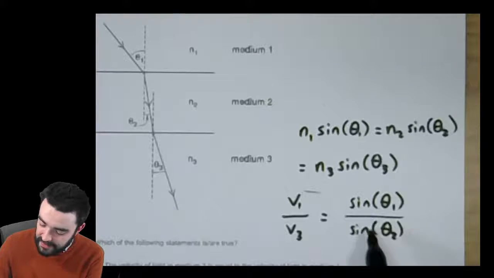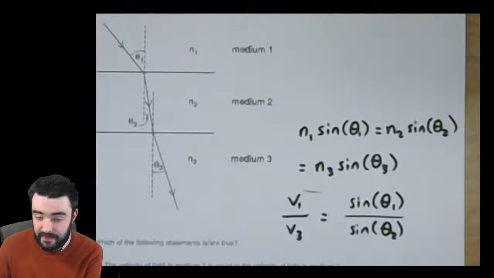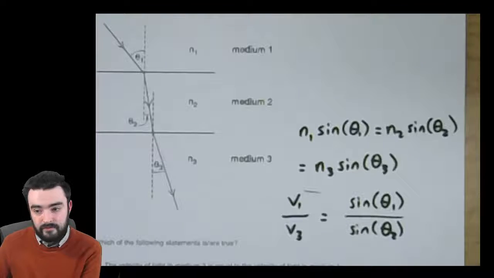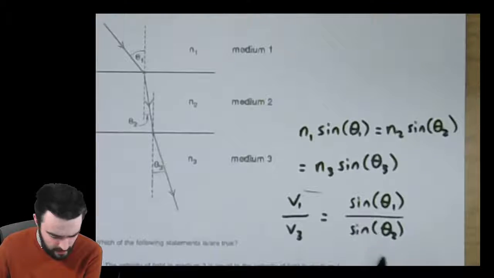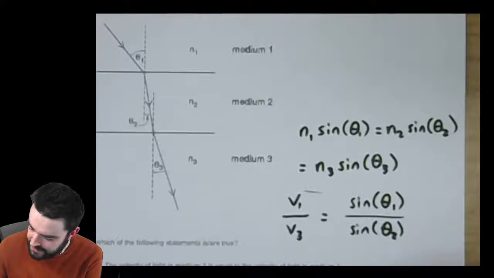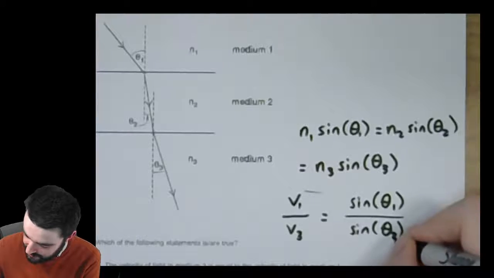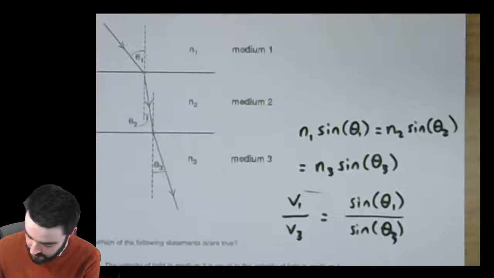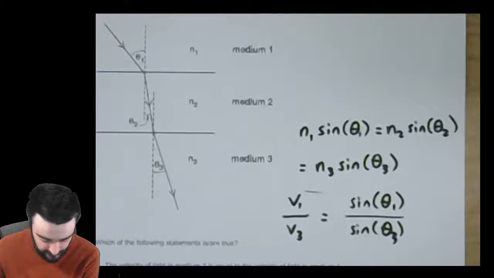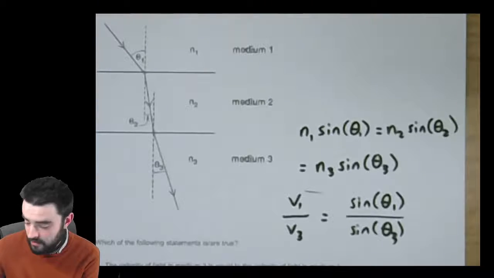So if we rearrange this, by the way, spoiler, the answer is B, and you could go through and check each one. But the way you'd rearrange this is you could just say that V1 sine theta 3 is equal to V3 sine theta 1.